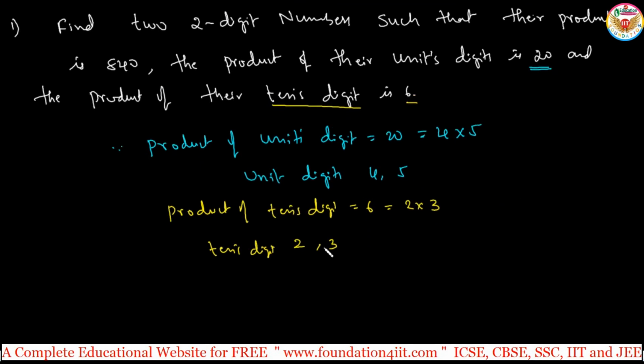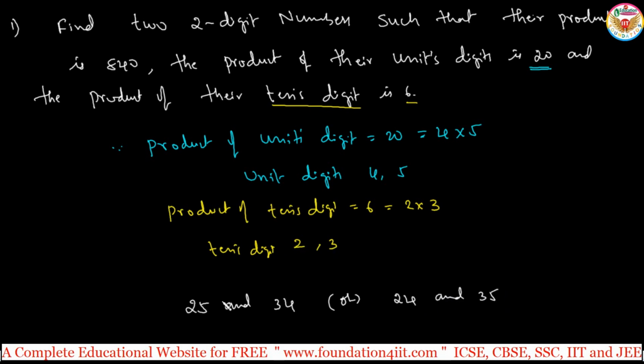According to this data, tens digits are 2 and 3, units digits are 4 and 5. So the numbers can be 25 and 34, or 24 and 35.